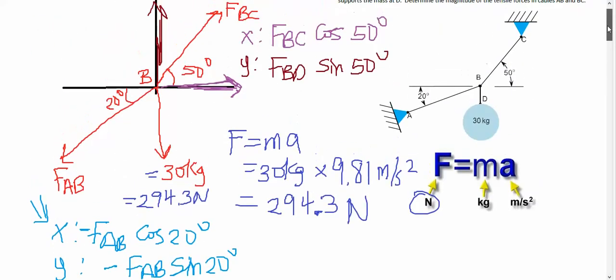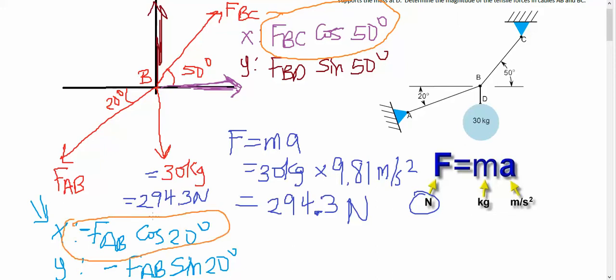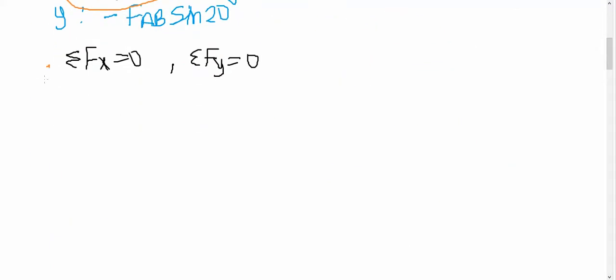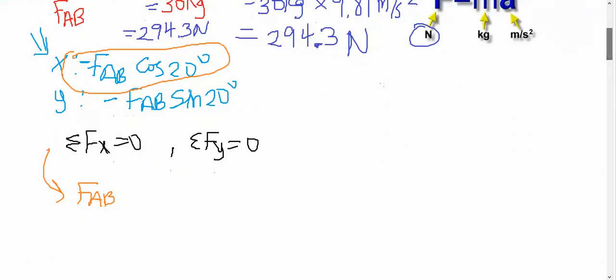So taking the sum of the forces in the x direction, we have FBC cosine 50, and we have negative FAB cosine 20 degrees. So here we can write down an equation for summation of Fx: FBC cosine 50 minus FAB cosine 20 degrees.